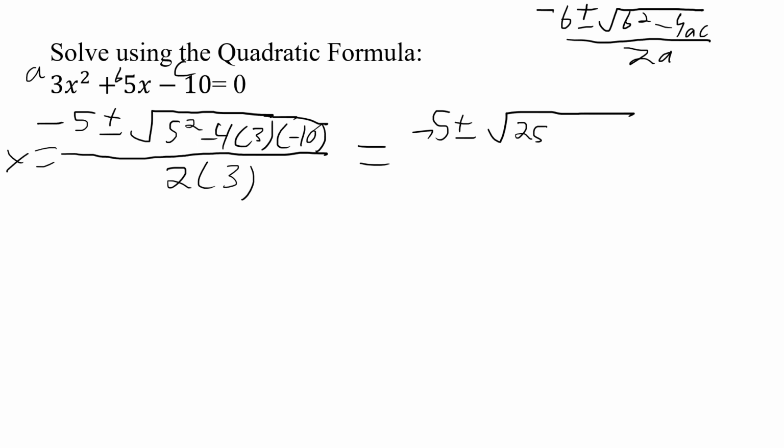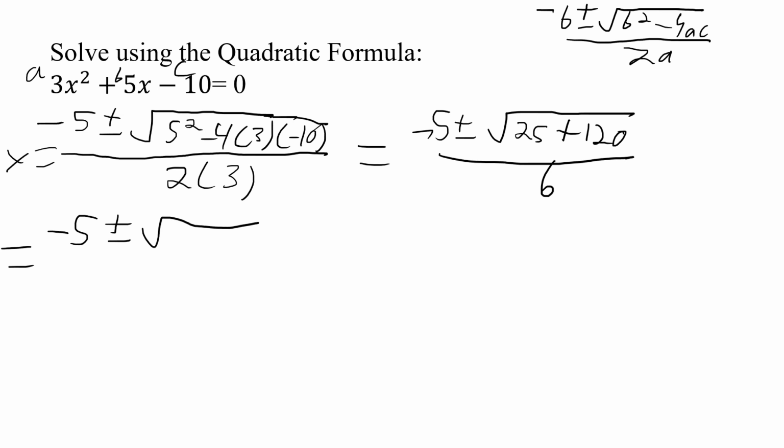There's a negative for our c, and there's a negative from the formula. So negative 12 times negative 10 gives me a positive 120. It's all over 6. What to do next is we get that our equation is now negative 5 plus or minus the square root of 145 over 6.